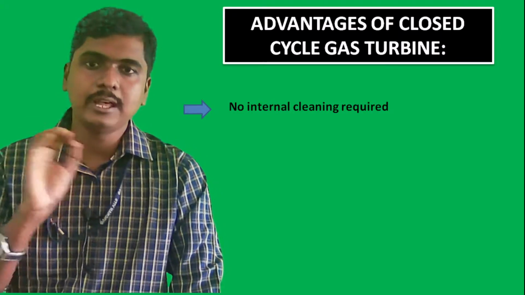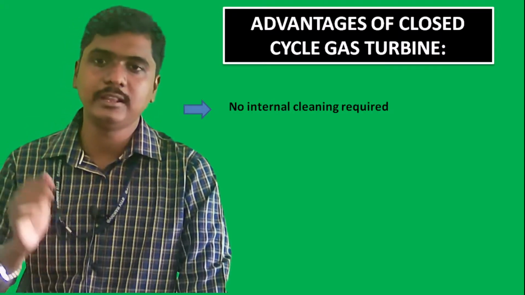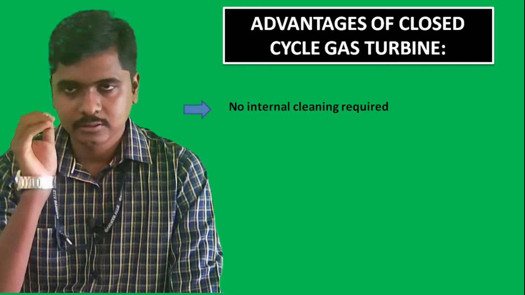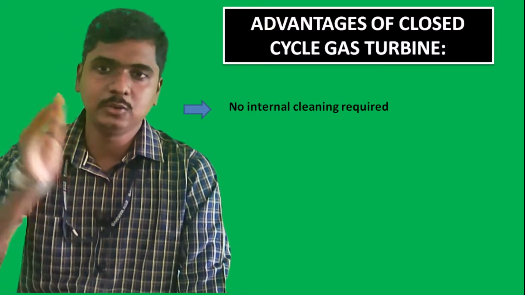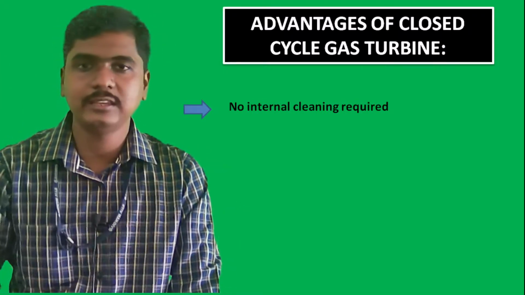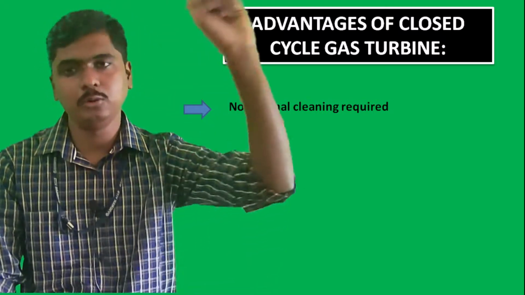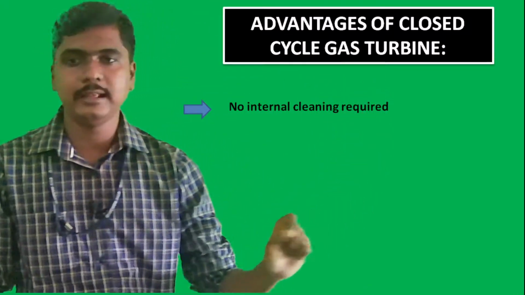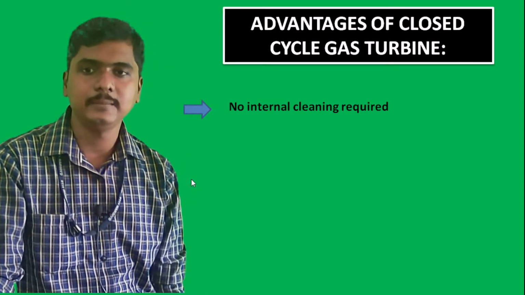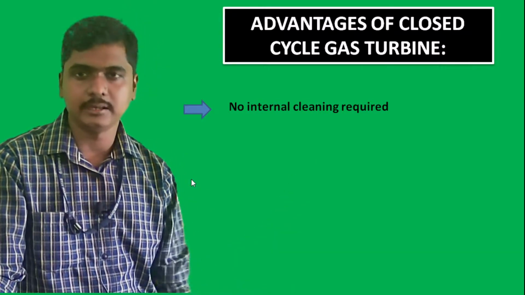That's why regular maintenance is required in the case of an open cycle gas turbine. But here, since there is no contact between atmospheric air and the working fluid in a closed cycle gas turbine, the same fluid will circulate again and again inside. So no internal cleaning is required here.